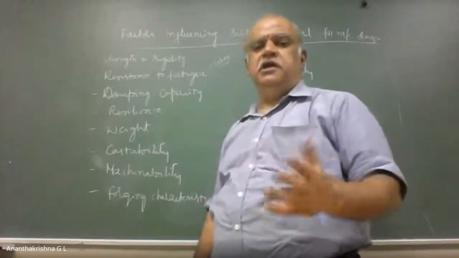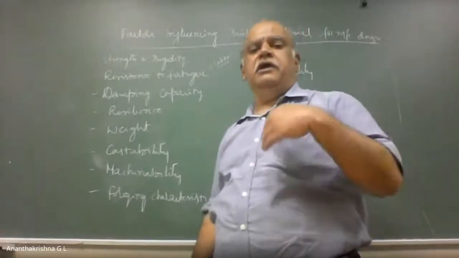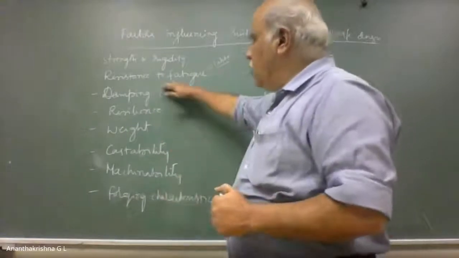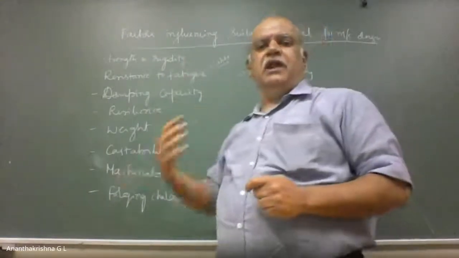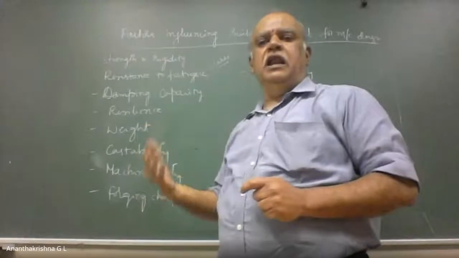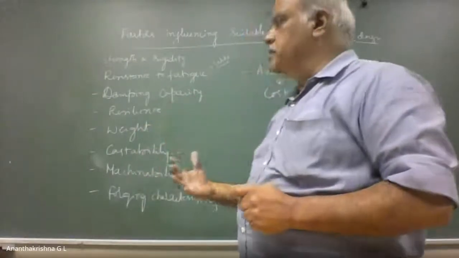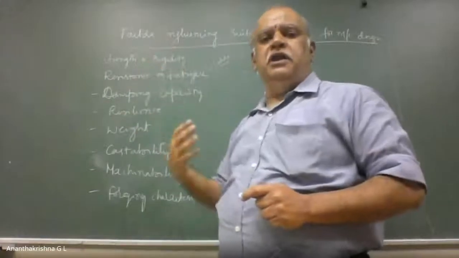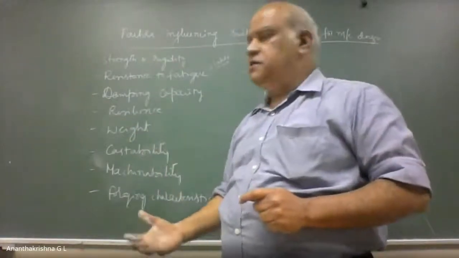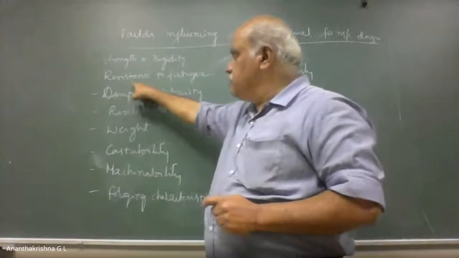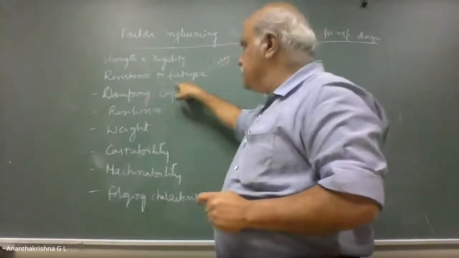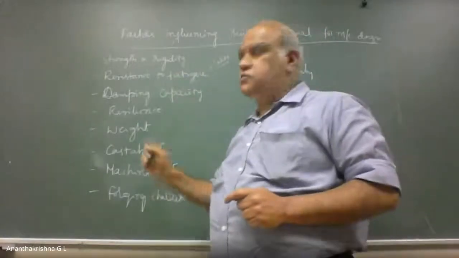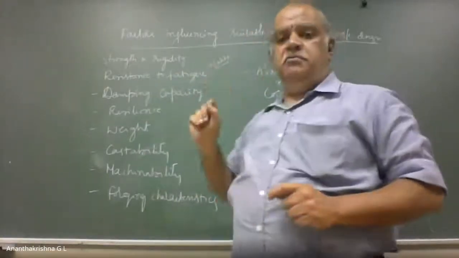Your gear is subjected to lakhs of cycles. Your crankshaft is subjected to lakhs of cycles. Essentially all the components are subjected to lakhs of cycles during their lifetime. The components that we use should withstand so many lakhs of cycles. So the material that we choose should have good resistance to fatigue or repeated loading. That's what resistance to fatigue means.